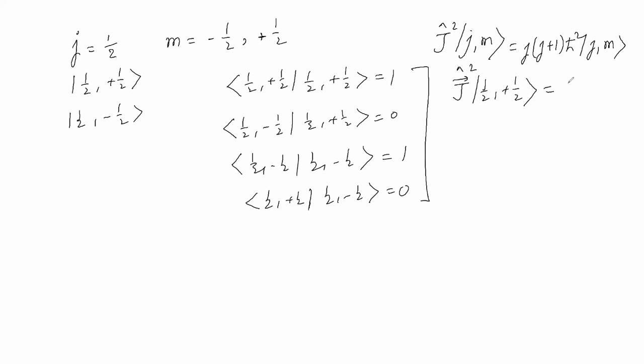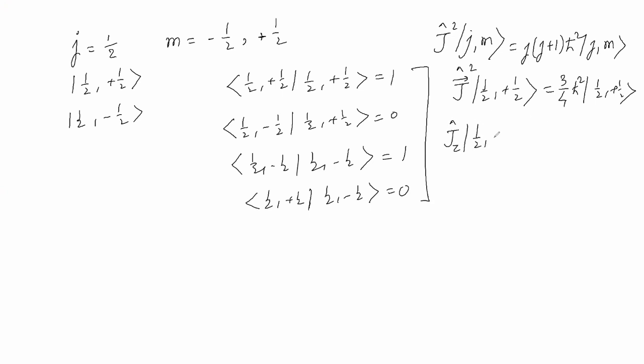This will be 3 by 4 H cross square on half plus half. Therefore, the eigenvalue for J square is 3 by 4 H cross square.